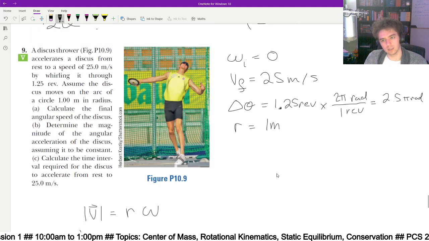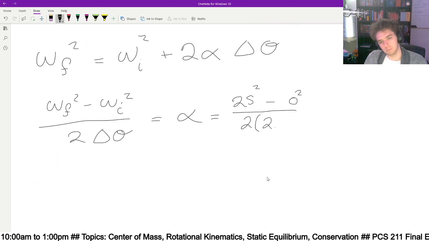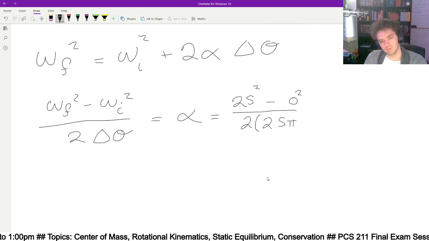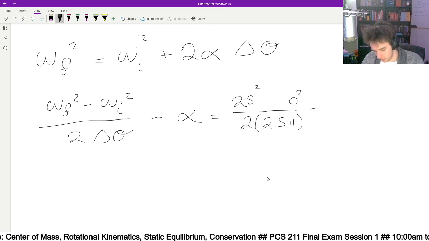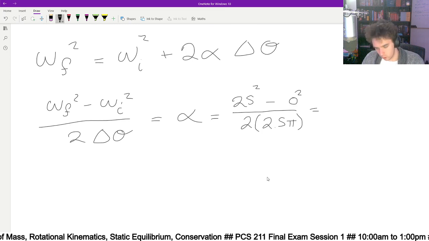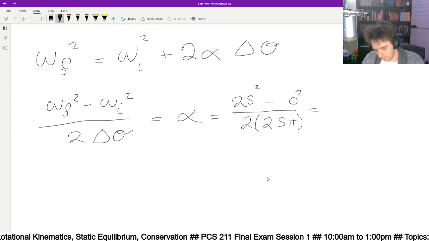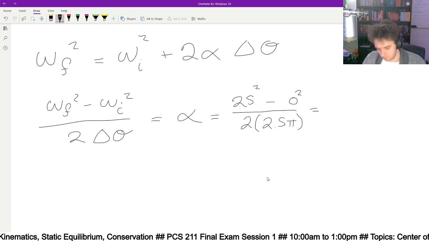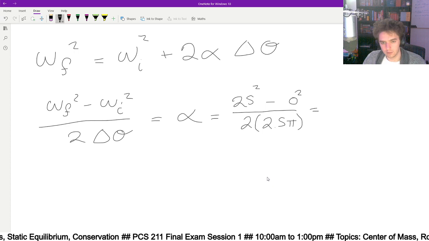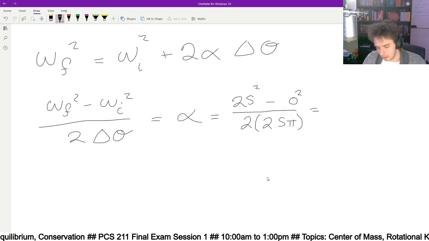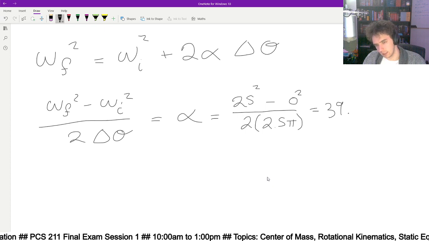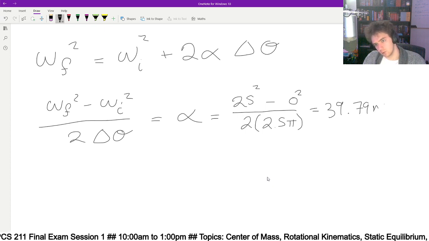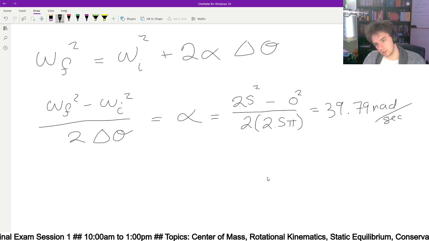We said delta theta was 2.5 pi. So that's 25 squared over 5 pi. So I got 39.79 radians per second squared.